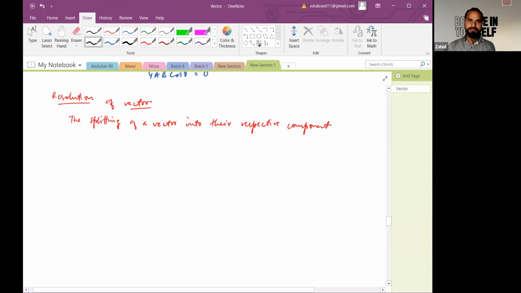Suppose this is y-axis and this is x-axis. There is a vector from this point to this point like this.